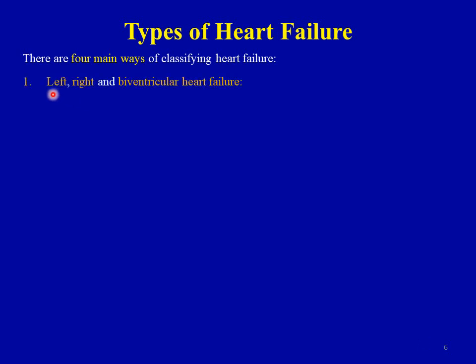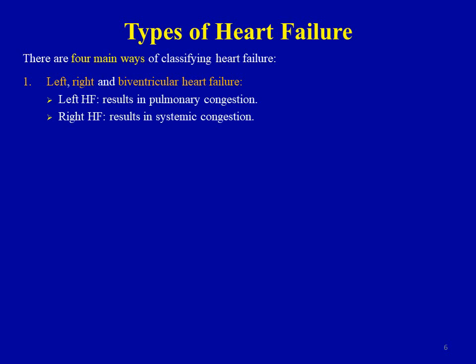We have either left heart failure, right heart failure, or biventricular heart failure, where both the left and right ventricles are failing. Left heart failure results in congestion in the veins proximal to the left ventricle, which is the pulmonary circulation, so we have pulmonary congestion. In right heart failure, the congestion proximal to the right ventricle is in the systemic circulation, so we have systemic congestion.